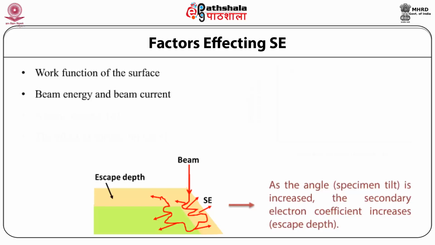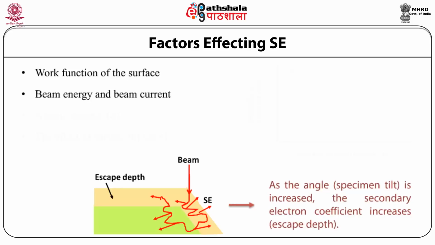The secondary electron coefficient increases as the beam energy is lowered. The escape depth of the secondary electron is small, a few nanometers, so all of the secondary electrons created by the beam electrons at greater depths are lost.